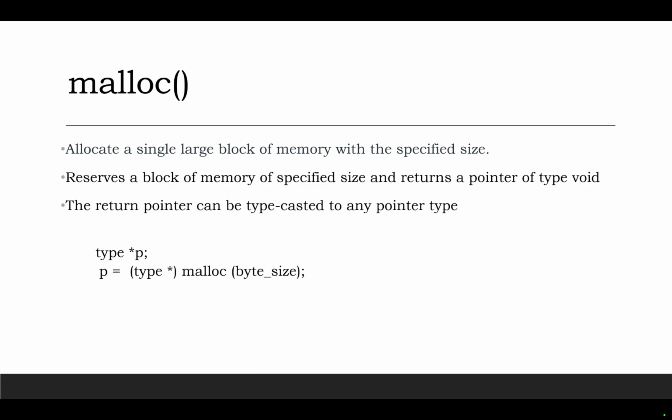Malloc is a memory allocation method in C used to dynamically allocate a single large block of memory with a specified size.